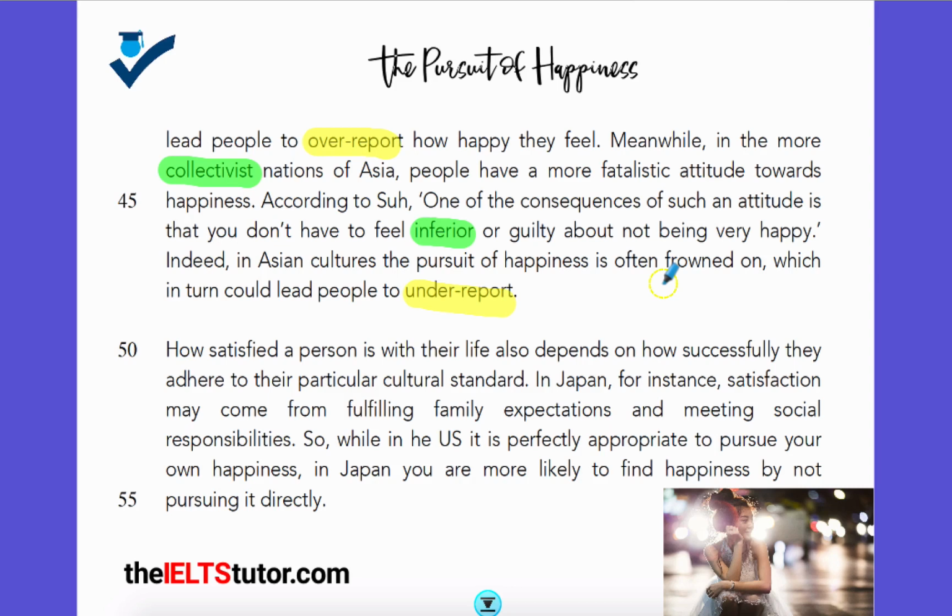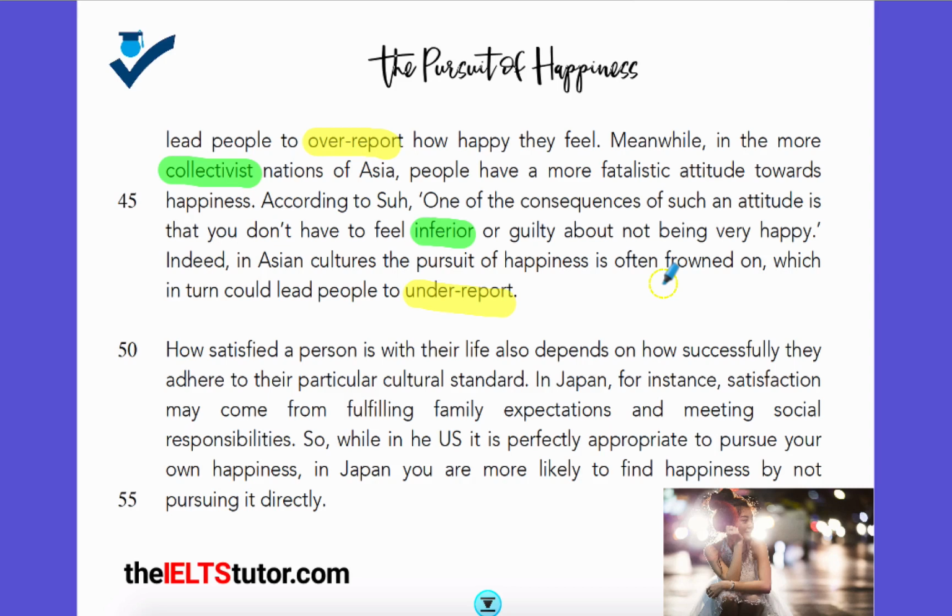I think with a prefix like over and under, it could easily tell you what the meaning of this is. So over-report in this context means to exaggerate. In the context of this passage, it refers to people who say that they are happier than they really are.